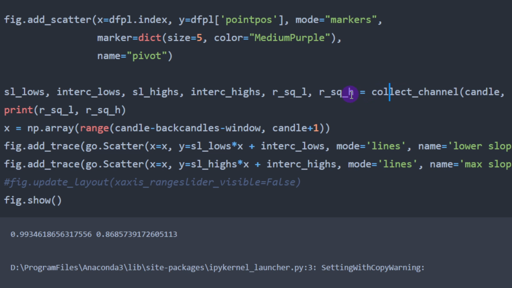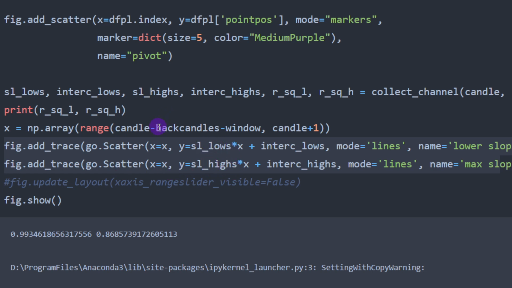We're detecting the channel, taking the return parameters, and I'm using the slopes and the intercepts for both highs and lows to plot 2 additional lines using add trace, go scatter, with the x's, meaning the indexes of the candles I'd like to put within the channel, and the y is obviously equal to the slope times the x plus the intercept, for the lows and the highs. So this part is going to plot 2 line segments, the lower part of the channel and the higher part of the channel.